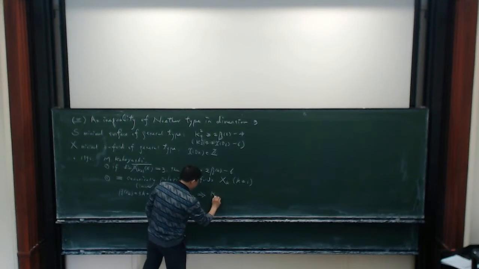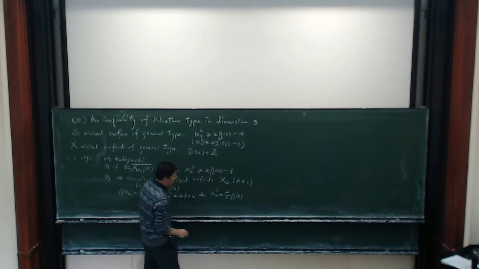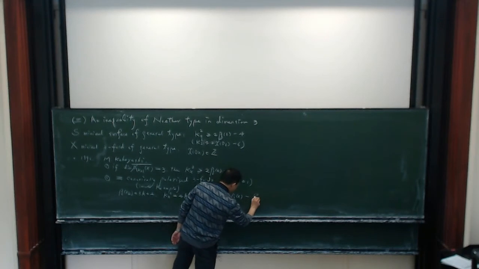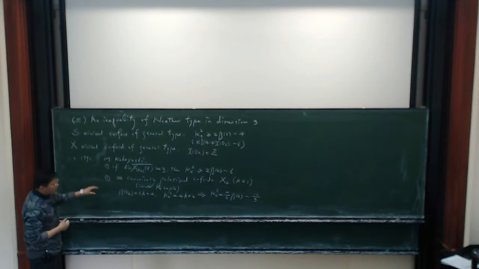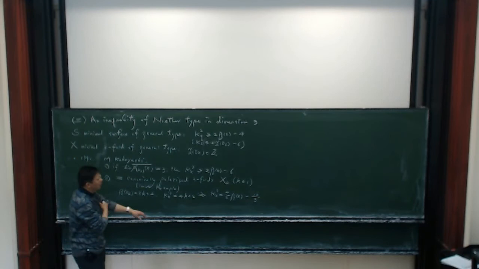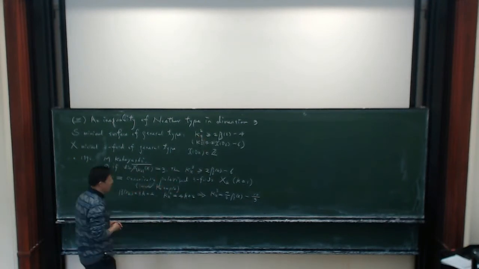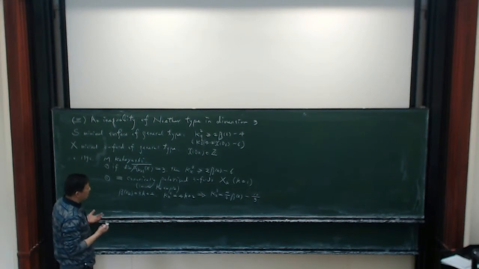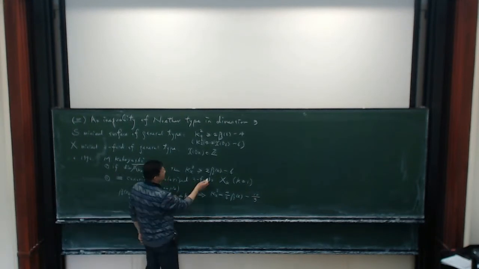So K_X cubed equals 4/3 p_g of X minus 10/3 asymptotically, over 3. So this is a very interesting example. This tells us that if you want to generalize Noether's inequality to high dimensions, it's not as simple as what you might guess.